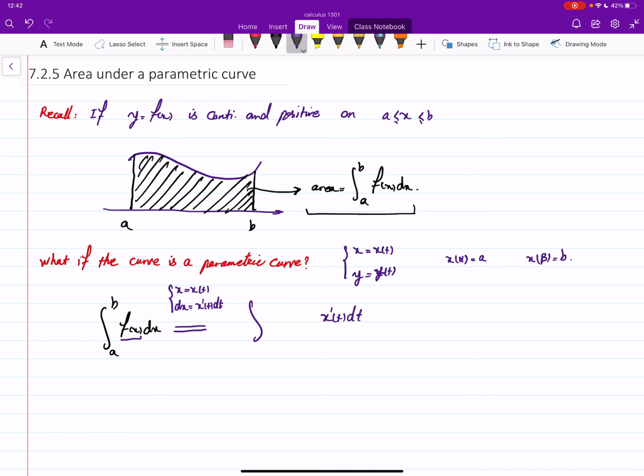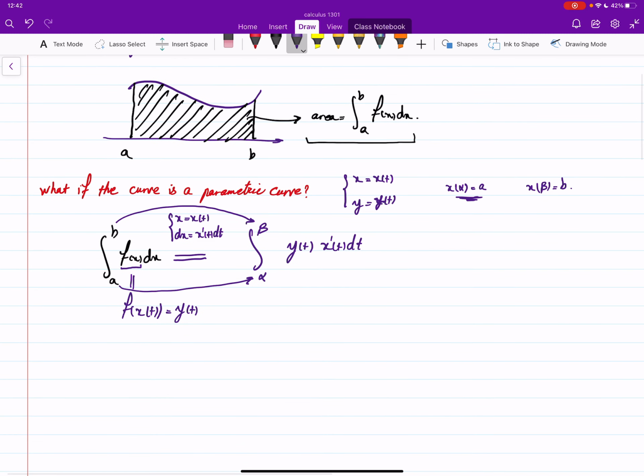For f at x, f of x evaluated at t is basically y of t, so I will put that there. And I know that for the value alpha for t, I get a, so I put alpha down there. And for the value beta for t, I get b for x, so I'll put that there. And this is the formula which will work for us in general for all parametric curves.